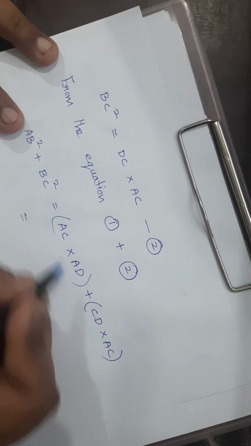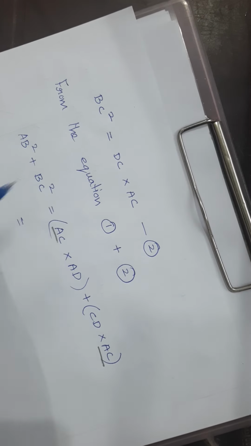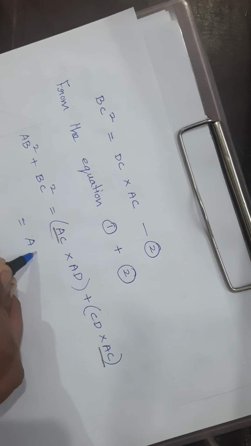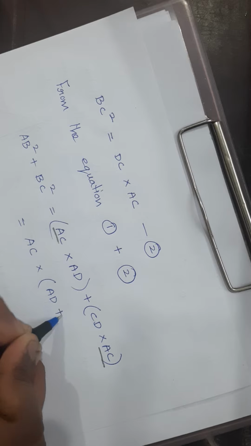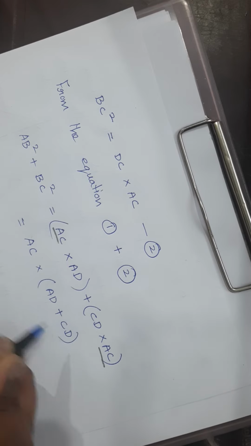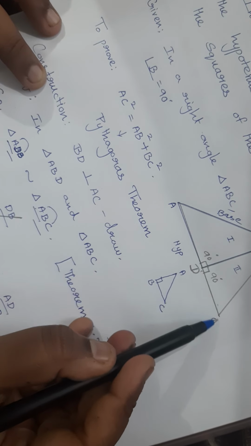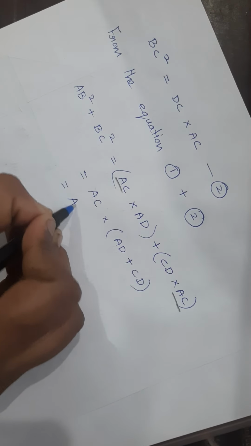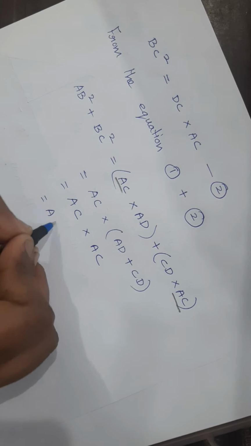So which one is the common? This is the common. So you can take it common outside into AD plus CD. AD plus CD, you can say AD plus DC or CD can be written as AC. Yes or no? Yes. So AC into AC, AC square.